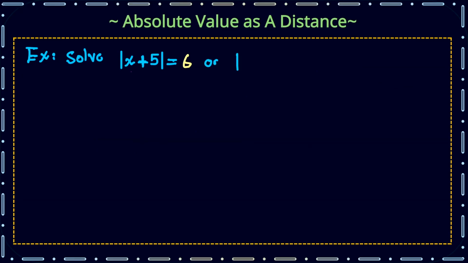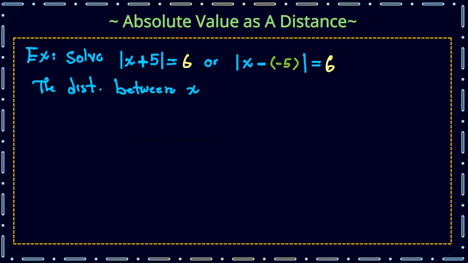We could think of this as the absolute value of x minus negative 5. The interpretation of this is the distance between x, which is your unknown, and not 5 but negative 5, is 6.